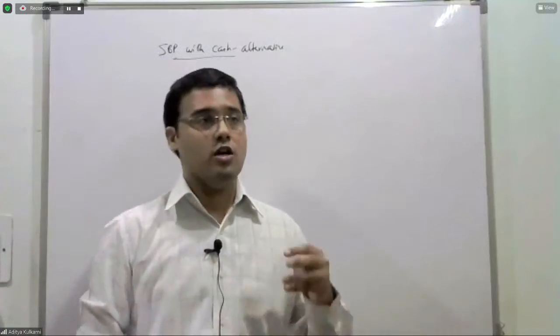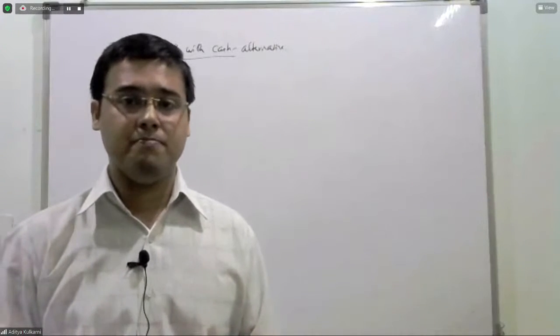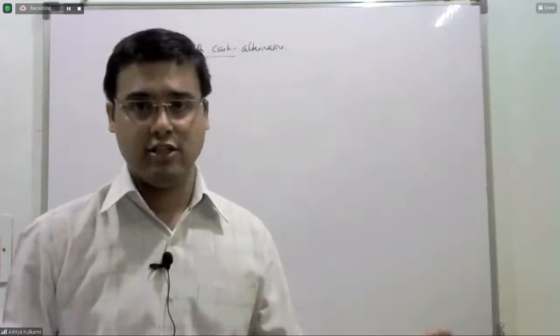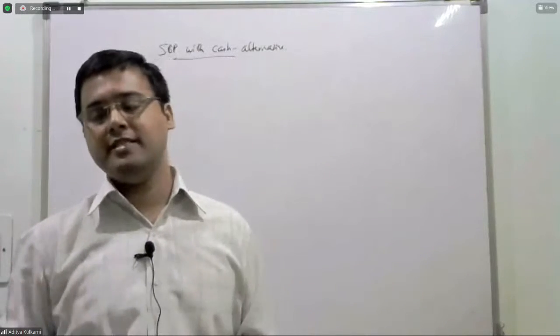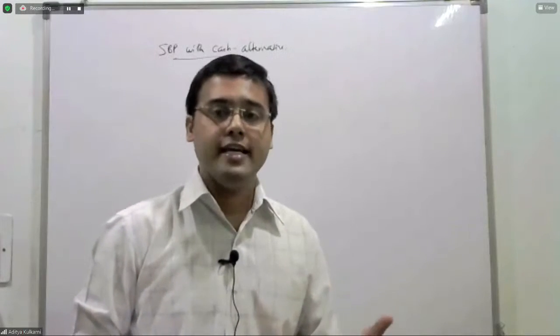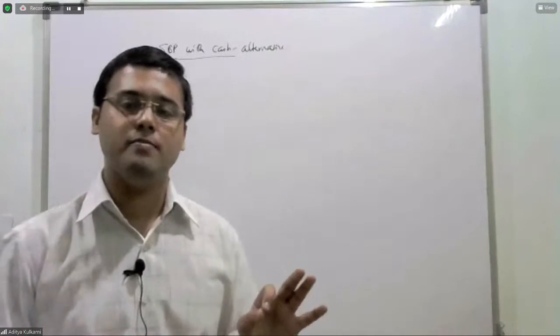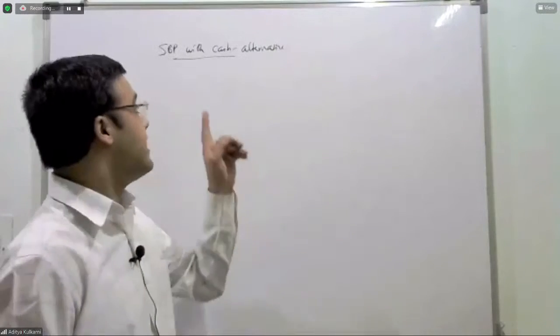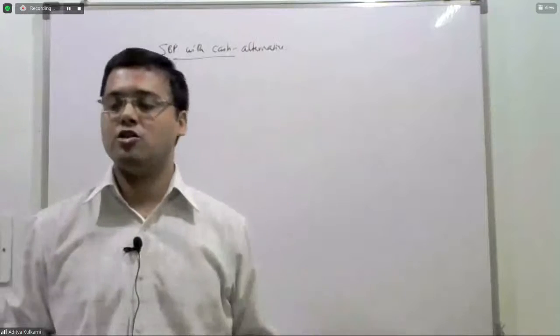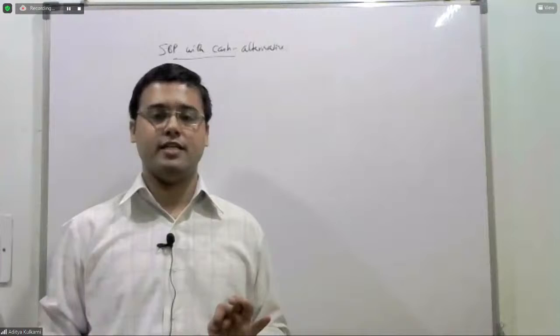So therefore, at the end of the period, what could happen? You may either get cash at your option. That means at the option of the employee, you may get cash, or instead of cash, you may get equity. So this is known as SBP, share-based payment with a cash alternative.